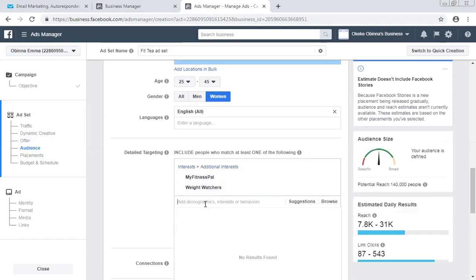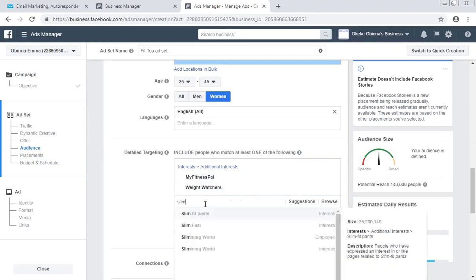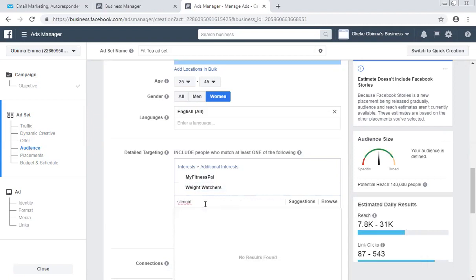For the pages, there's one I wrote down: Slim Girl. All right, so this page is not here.